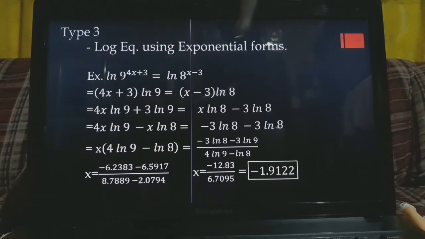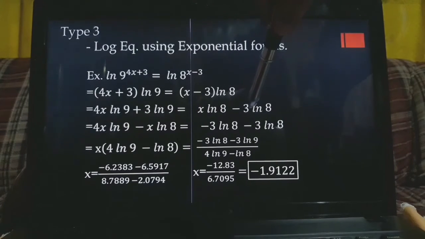And then distribute. It will become 4x natural log of 9 plus 3 natural log of 9 is equal to, distribute, x natural log of 8 minus 3 natural log of 8.